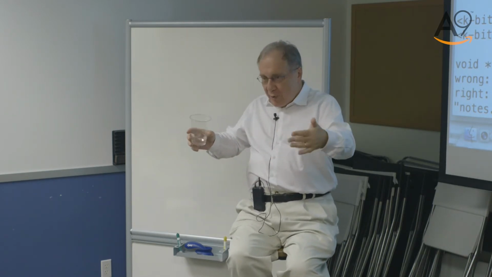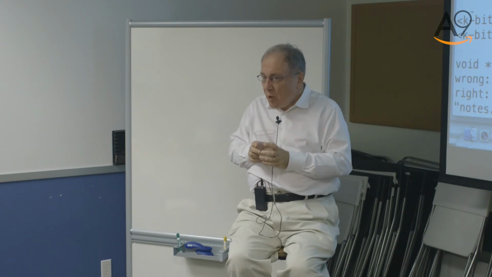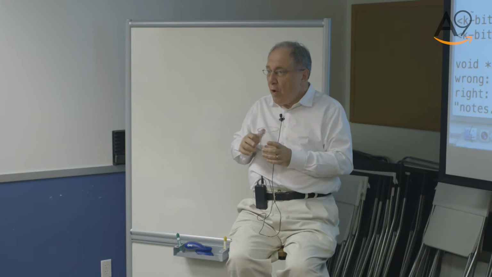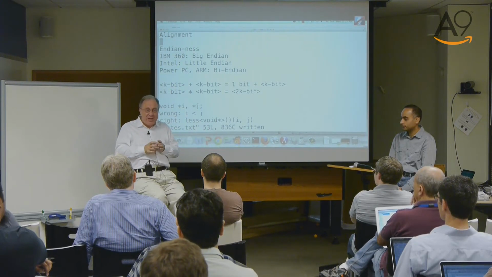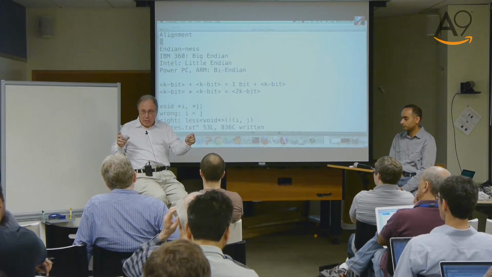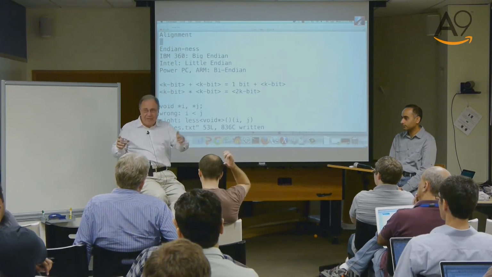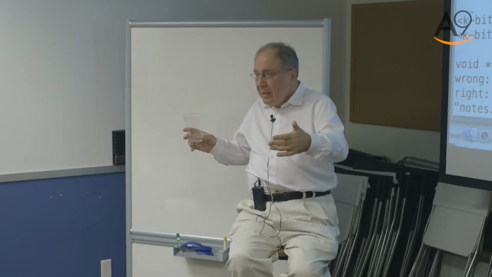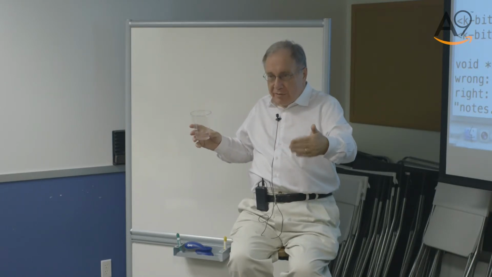That's the natural size. And for most machines, they would allow you to fetch an integer only from a properly aligned address. You could fetch a byte from any place, but you could fetch a word or an int only from a properly aligned address.